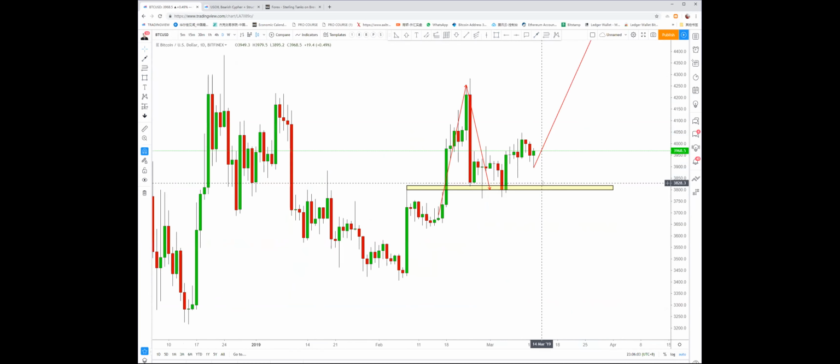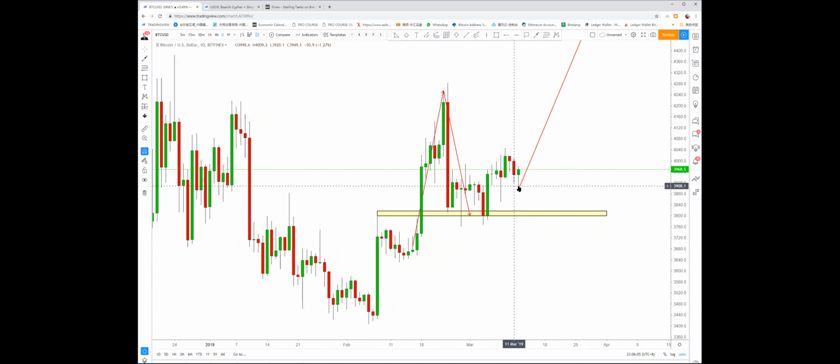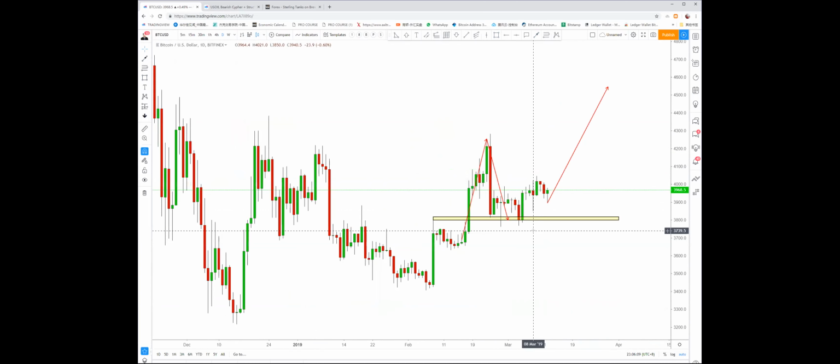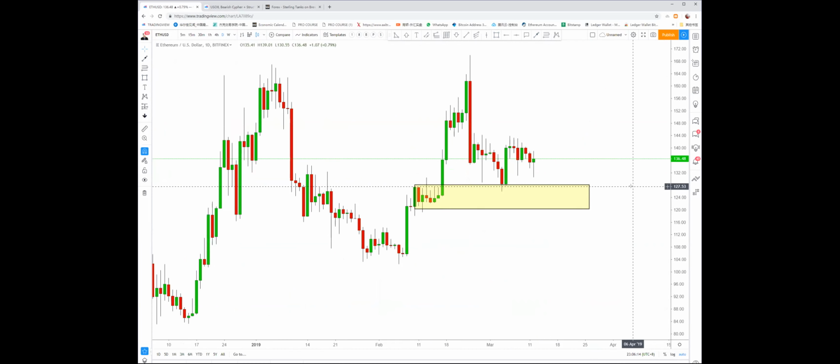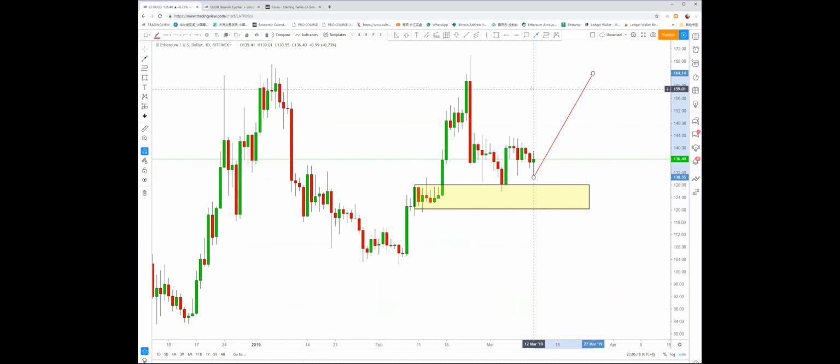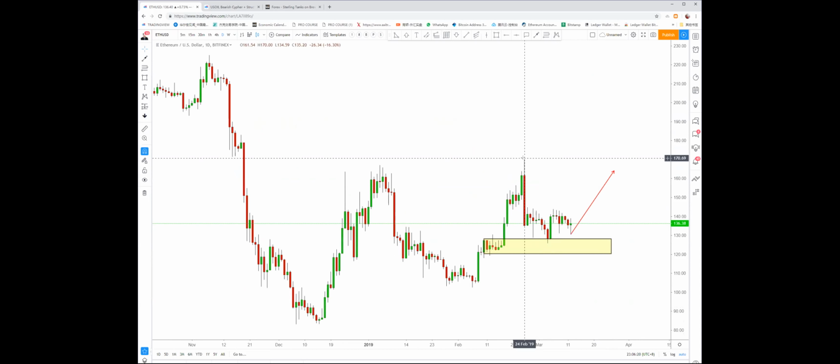So buying the BTC when it's getting close to 3,008 will be very good. For the Ethereum, it's the same thing. 128 is a strong support, so you buy from 128 and aim for 164.